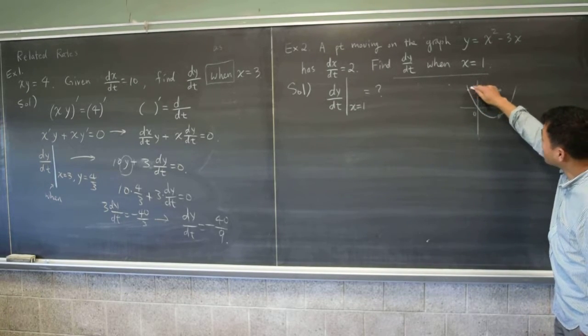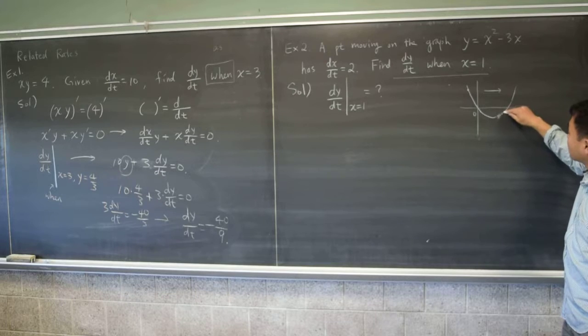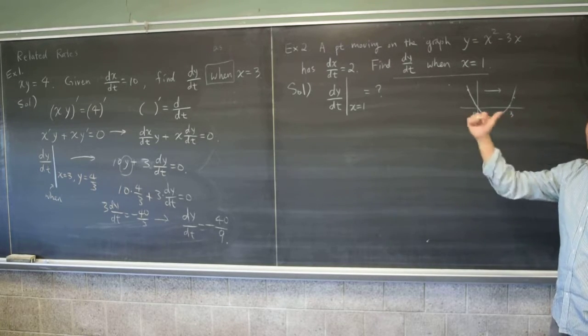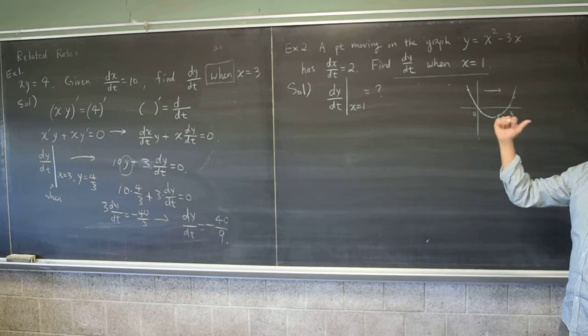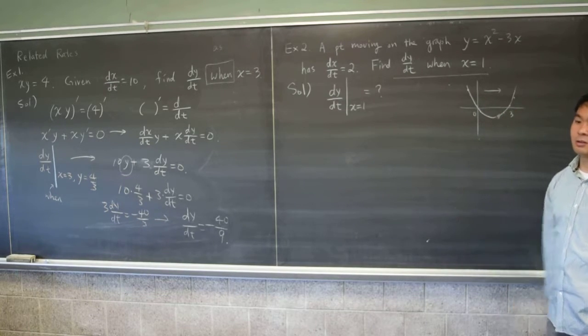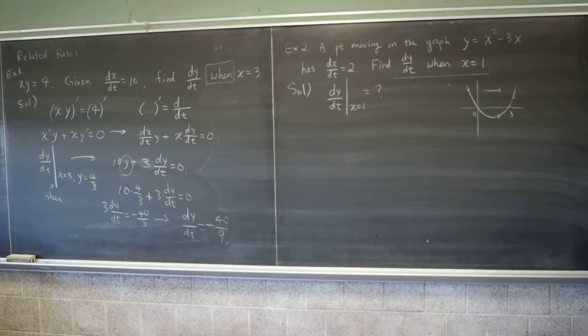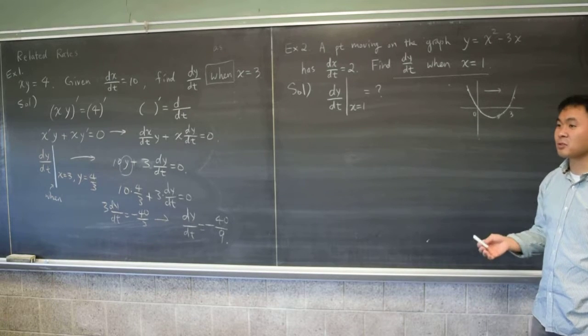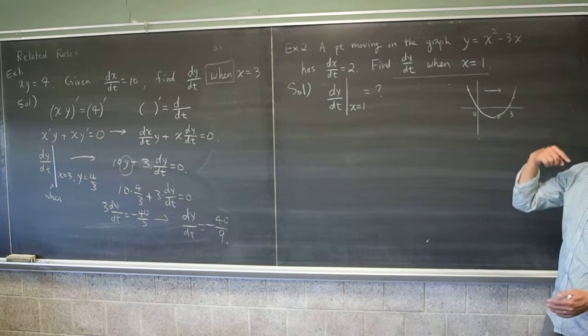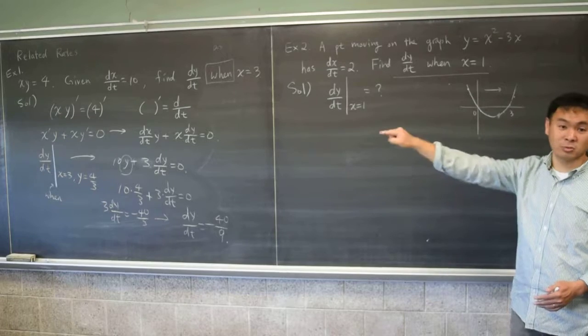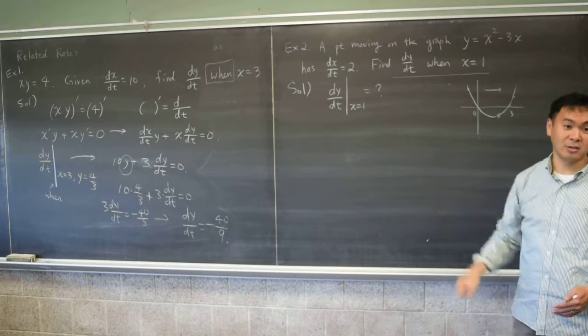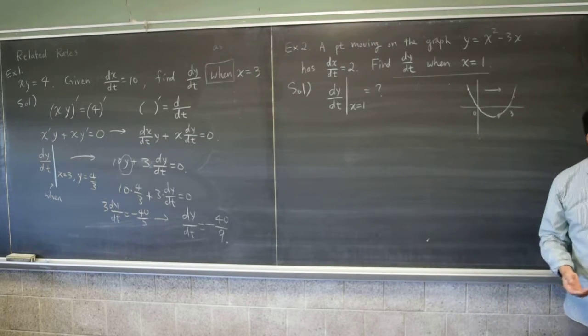So you have a particle that's moving like that, where the horizontal velocity is kept constant. That often happens in physics. For example, if I throw a ball, it draws a parabola, but the horizontal velocity is always constant, right? So something like that could work.